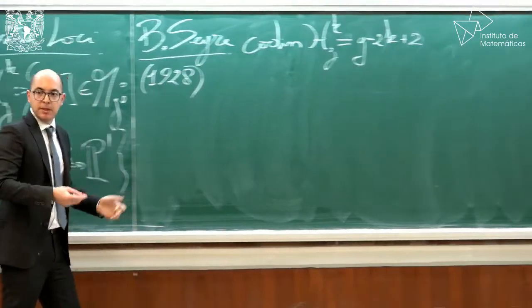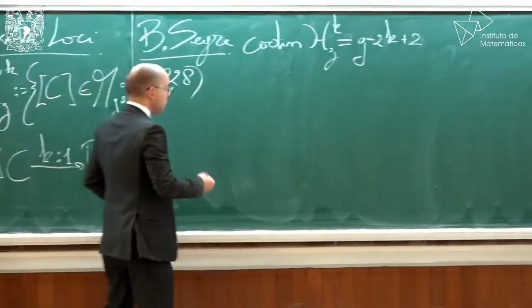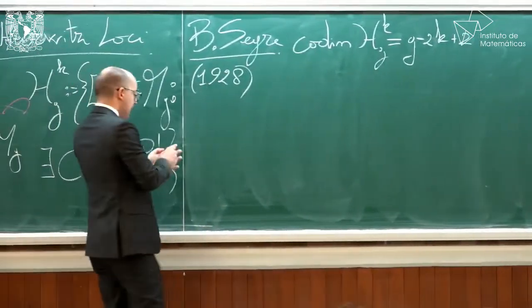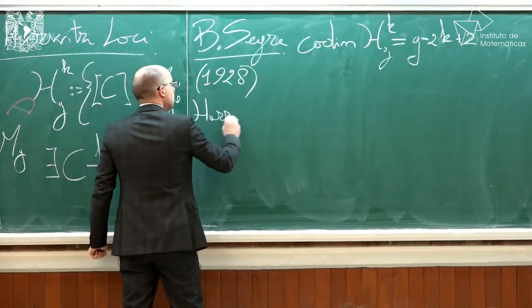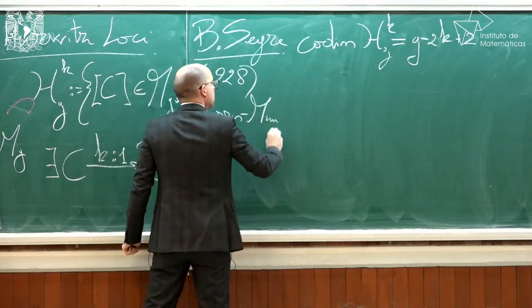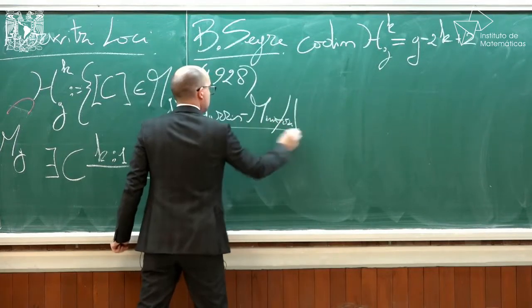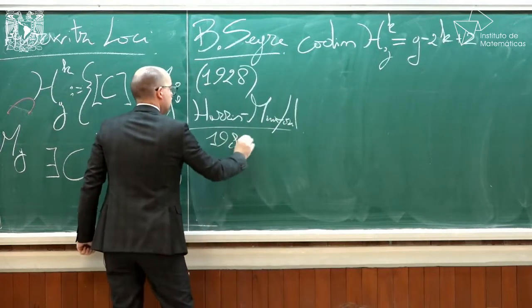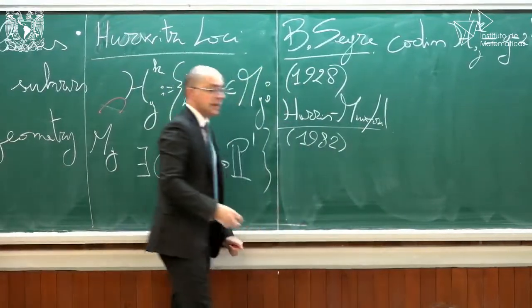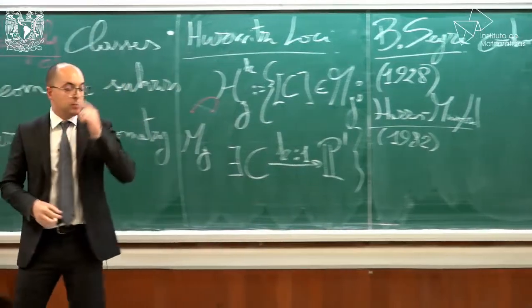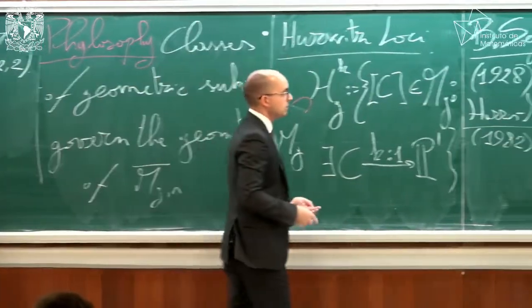So let's look at which numbers you can get. Let's look at when the codimension is 1. And this case was studied by Harris and Mumford (1982). That's one of the major steps in the study of the birational geometry of M_g bar. Let me tell you what they do.